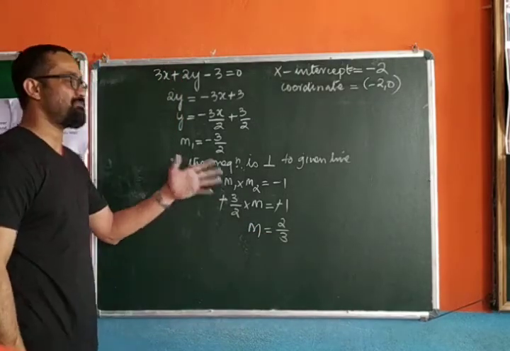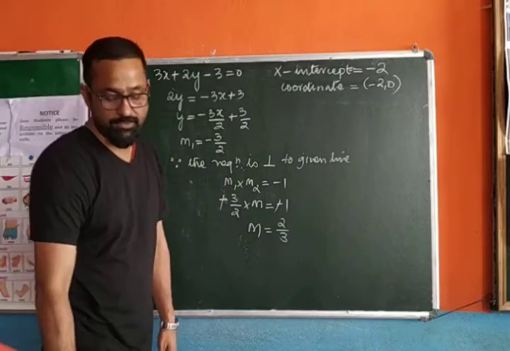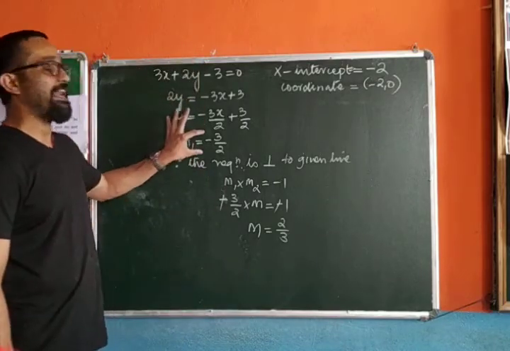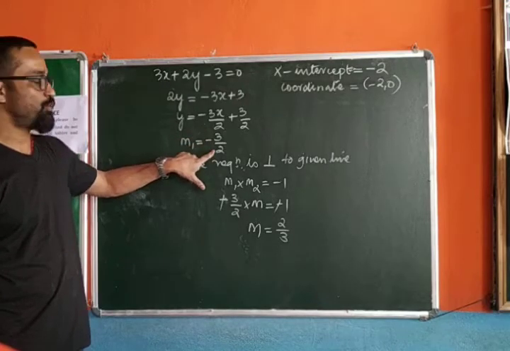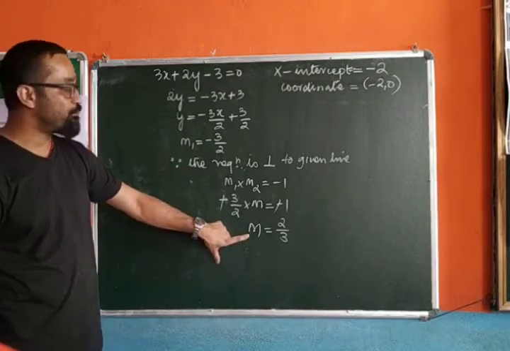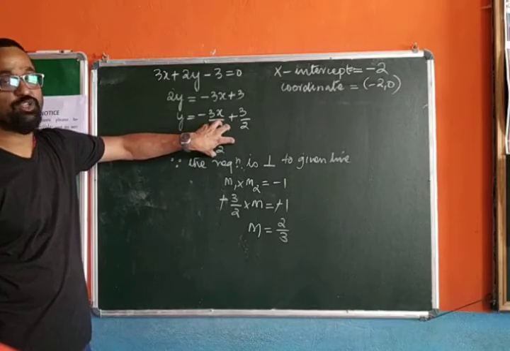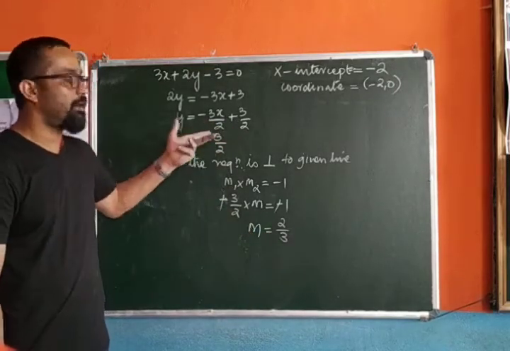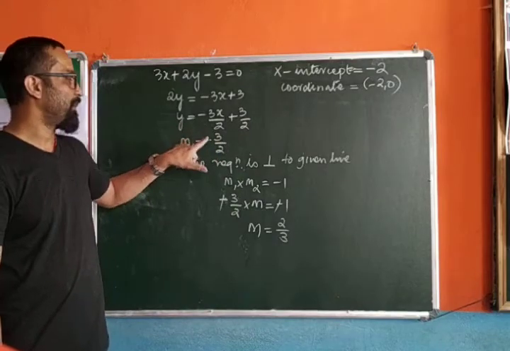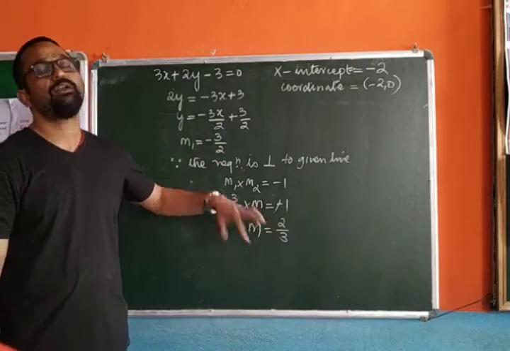Cross multiplication, making the subject of formula. Or you can solve directly from here. M1 is minus 3 by 2. Therefore, the required slope M will be the minus reciprocal of this. If it is minus, it will change to plus. Change it upside down. If it is plus, it will change to minus, upside down.